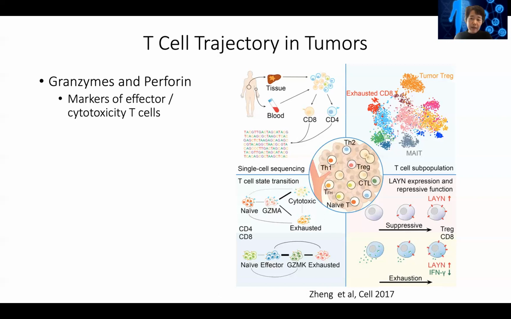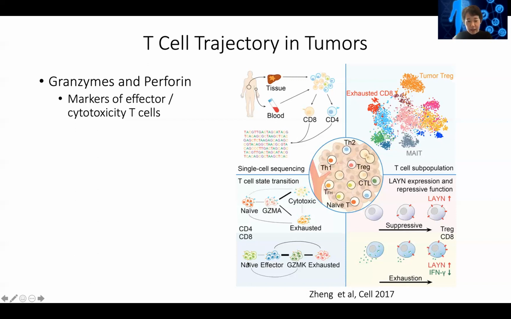At this stage, there's also proliferation of the T cells, but once the T cell has tried enough killing and proliferated enough, eventually it will become exhausted and then die.